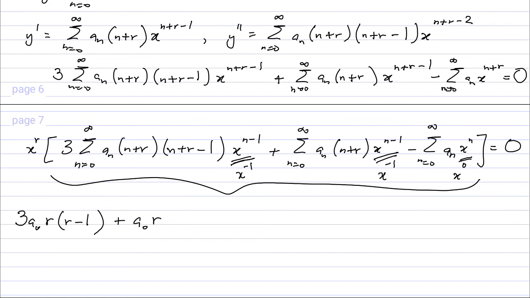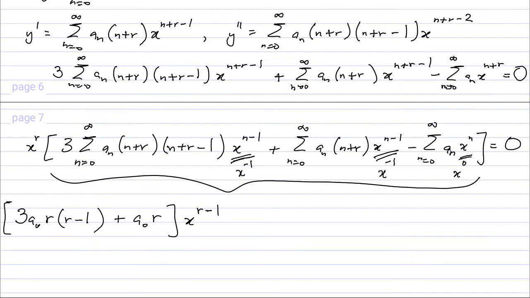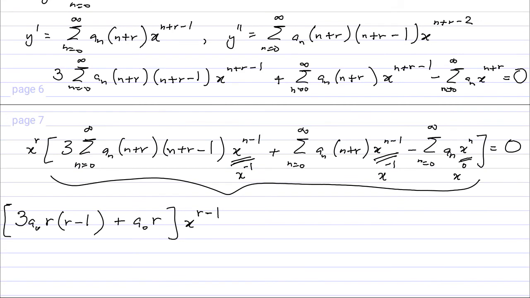So over here, n is equal to 0, and these things are multiplying with x raised to power minus 1. And plus I have from here the rest of the thing, x raised to power r, and then I have the rest of the sum that goes from n is equal to 1 to infinity.